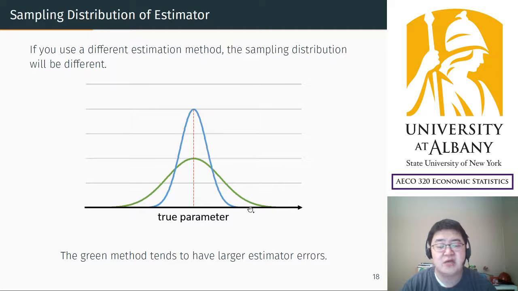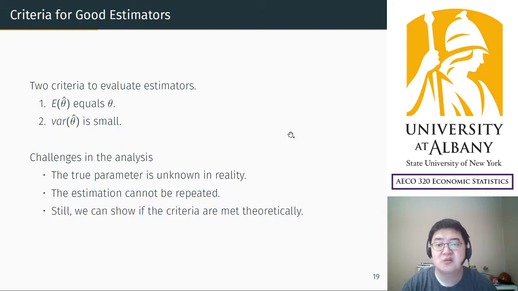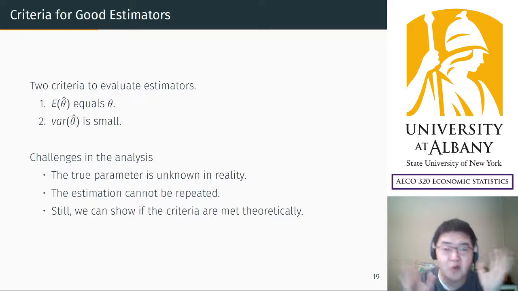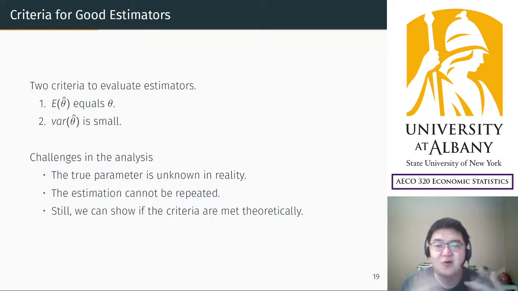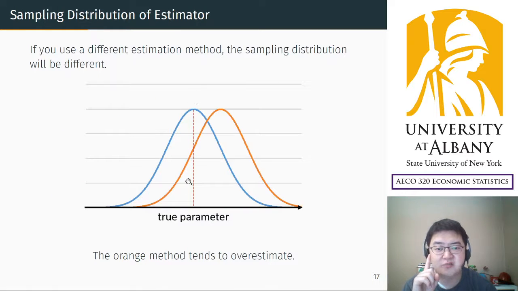To summarize, typically there are two commonly used criteria. Theoretically, there is more theory about how to evaluate estimators, but I'm going to introduce two criteria. One is whether the sampling distribution is correctly centered, so the mean of the sampling distribution of the estimator equals the true parameter. Like the blue one.